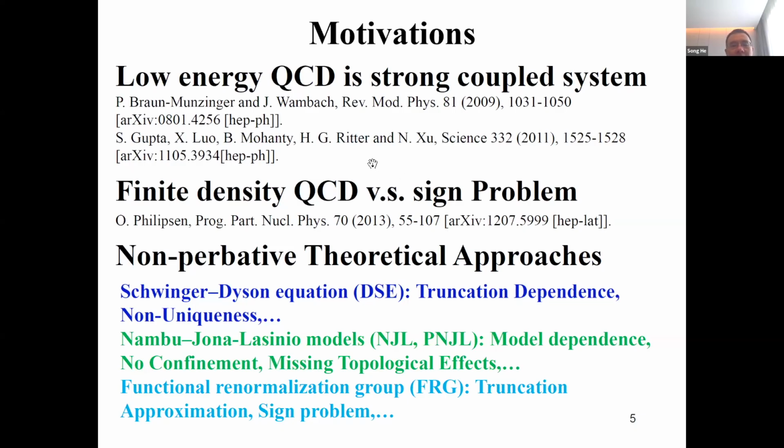So in that sense, due to the sign problem, the first principle calculation does not reach the quark-gluon plasma regime. Also, for the non-perturbative effective field theory or effective model, the famous one is the so-called Schwinger-Dyson equation. But this one is highly sensitive to the truncation dependence and non-uniqueness.